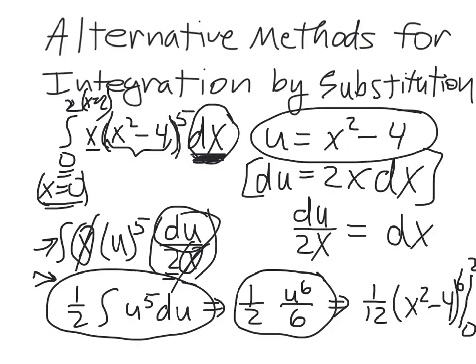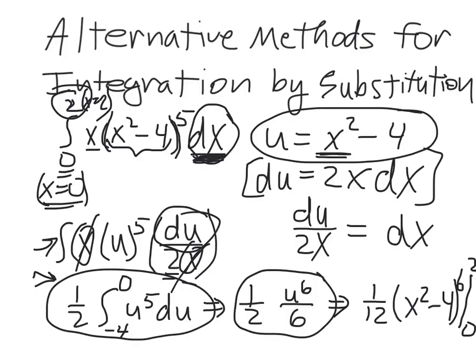If x equals 0, u is what? Okay, -4. So I'll go ahead and put that down there. So we can integrate with respect to u from u equals -4 up to what? If x is 2, u is going to be 0.